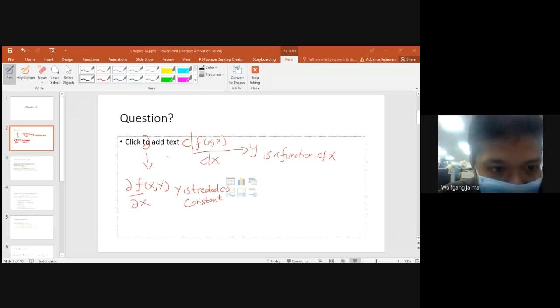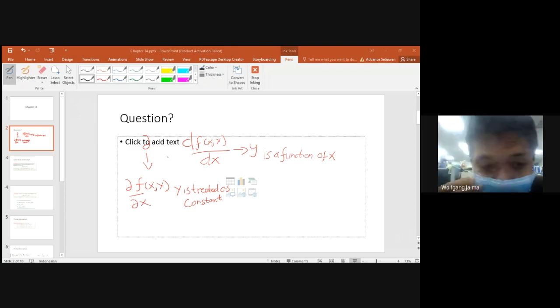Chapter 2 is only for one variable, the domain is only R, whereas here the domain is usually two-dimensional or three-dimensional.